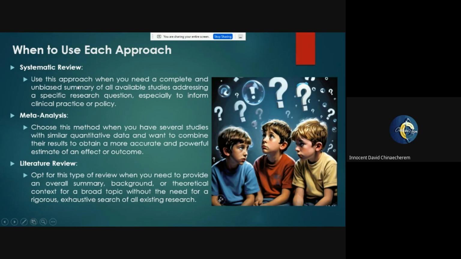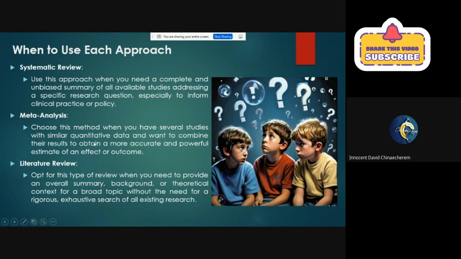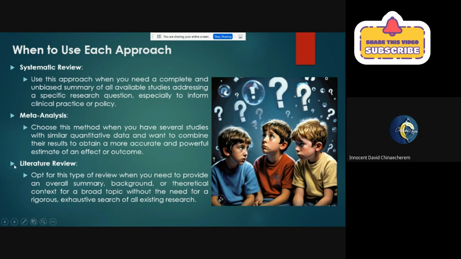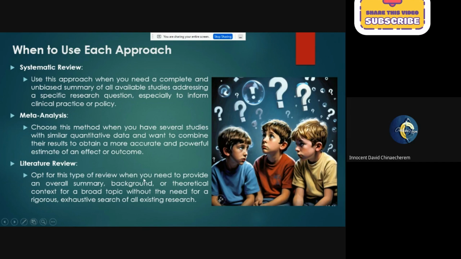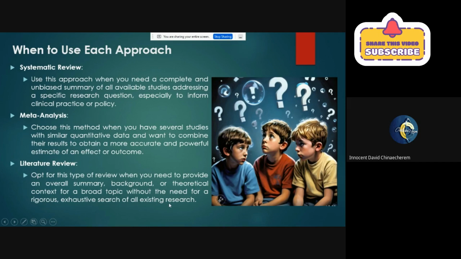So systematic review is imperative when you want to inform clinical decision making or practice. But you use the meta-analysis usually when you have quantitative data and you want to combine their results to get a more powerful estimate, which will still inform clinical practice or policy. But in literature review, mostly your PhD supervisor is asking you to just continue writing to get as much information on what we know about this.